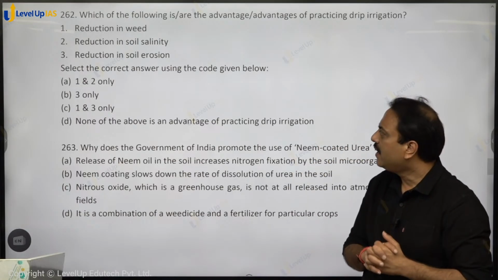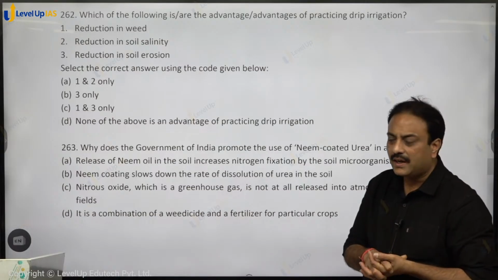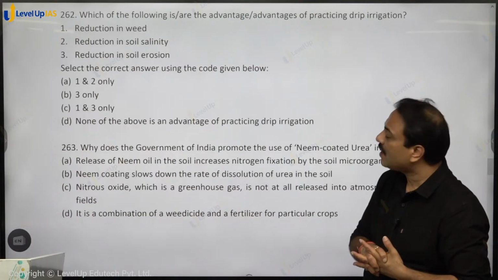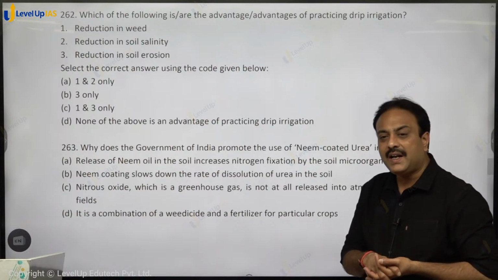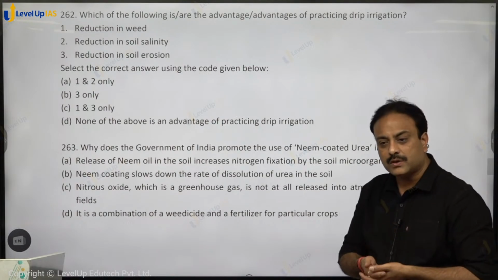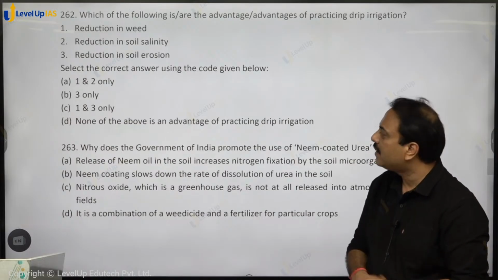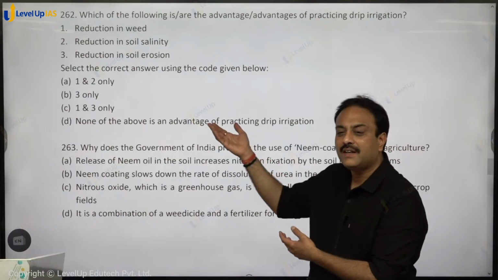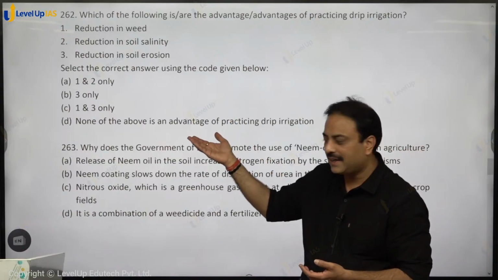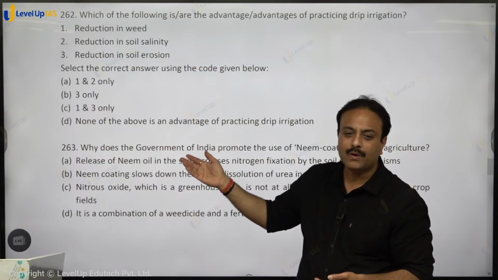It is correct. Reduction in soil salinity. Yes or no? Due to drip irrigation, soil salinity will also be reduced. It will help in checking soil erosion also. It is also correct. But UPSC is saying, and it is not giving the option in fact, that all the three statements are correct. It is giving as 1 and 2 and 1 and 3.